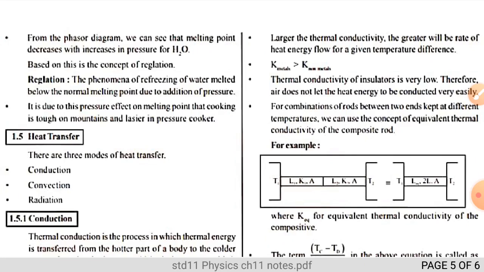Because whenever we are on mountains, pressure decreases, and if pressure decreases, the melting point decreases. That's why cooking is tough on the mountains, because we are not getting enough pressure to cook the food. That's why on mountains we have to give more and more temperature to get that pressure, right?